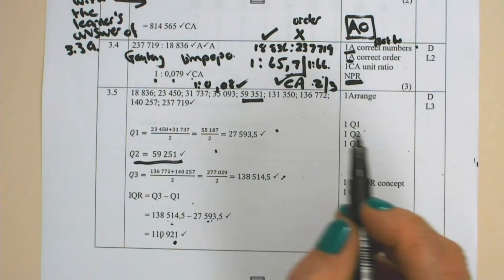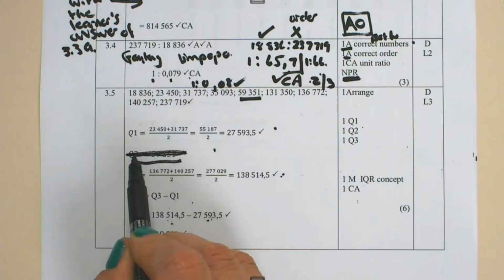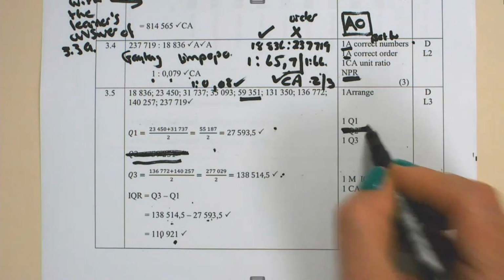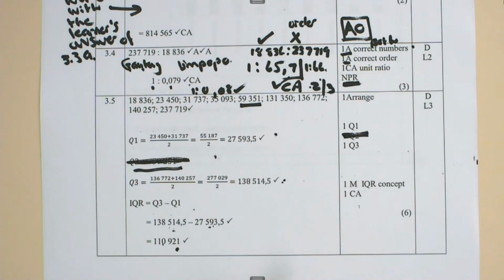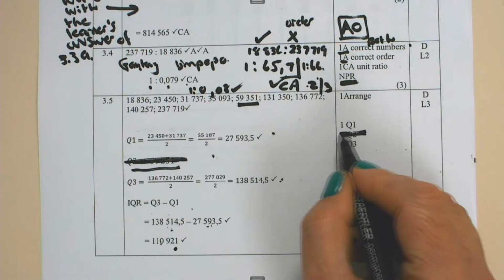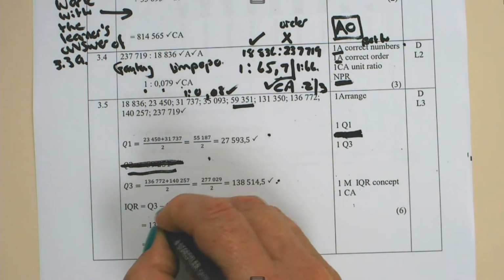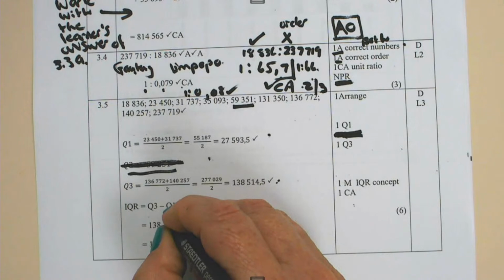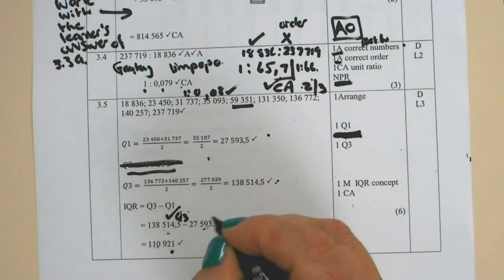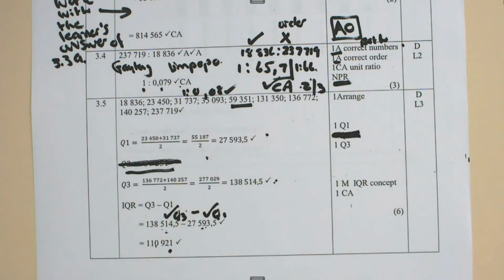Another thing that I want to bring to your attention, actually this mark should not be here. Because to get the interquartile range, we do not need the median. So I'm going to cancel this mark, and I'm rather going to put that mark here on the last step. And I'm going to say Q3 minus Q1, and we put that mark here.